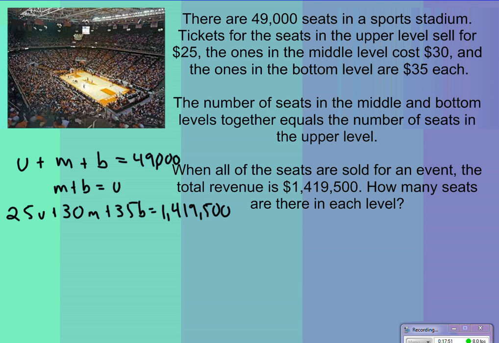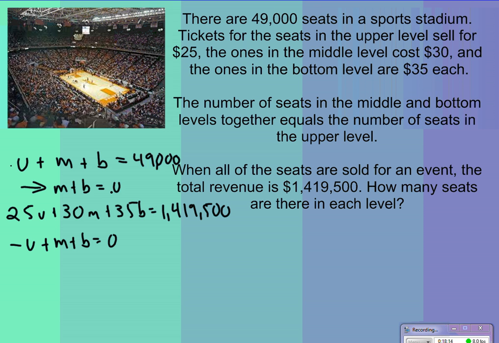So let's look and see kind of what you got here for your options. So kind of what I would do is this. If you're handy with the calculator, I would let the calculator do a lot of that for you. So I bring this middle one, I would bring u over. So I would have negative u plus m plus b equals 0.